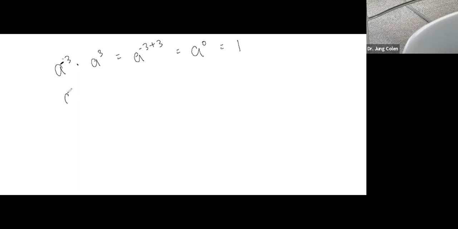So for example, if a is, let's say, 2/5, a to the negative power means reciprocal of that, 5/2. Okay? So if you have a to the 1 power times a to the negative 1 power, we know that it's going to be a to the 0 power, which is 1.